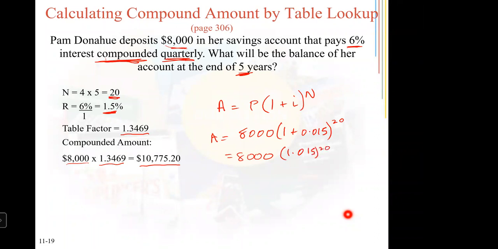Now, this can become tedious. You have to say 1.015 times 1.015 times 1.015 times 1.015, you'd have to do that 20 times. But you have a shortcut to do that. How could you shortcut that? Anybody? Mr. Butler?